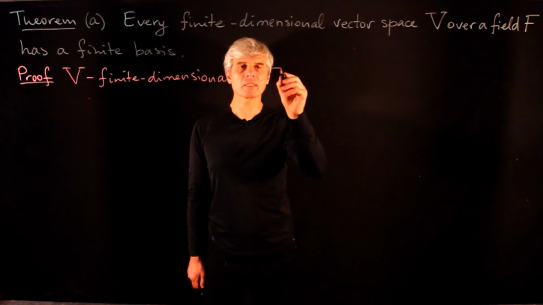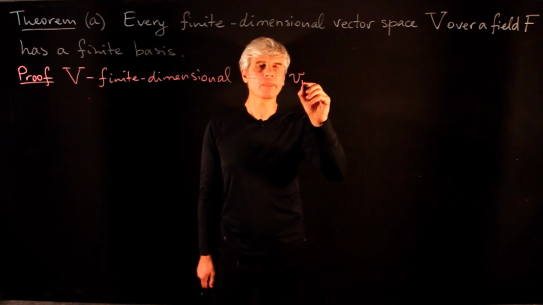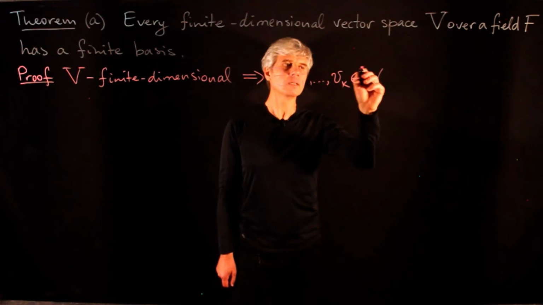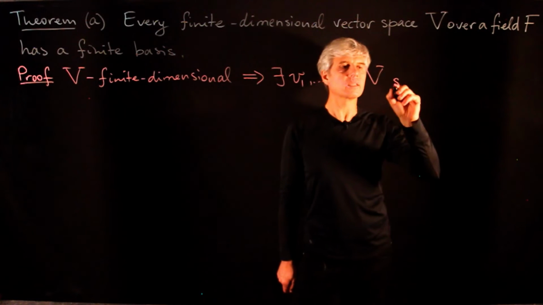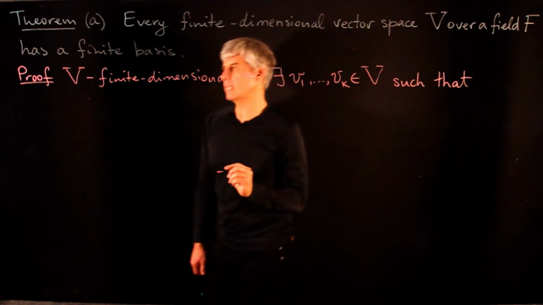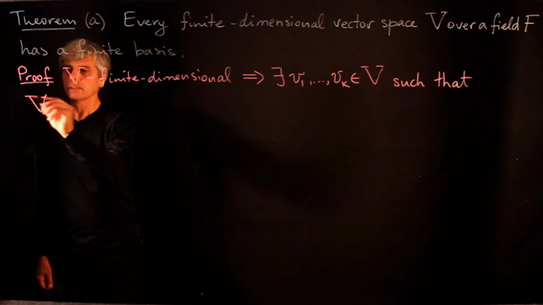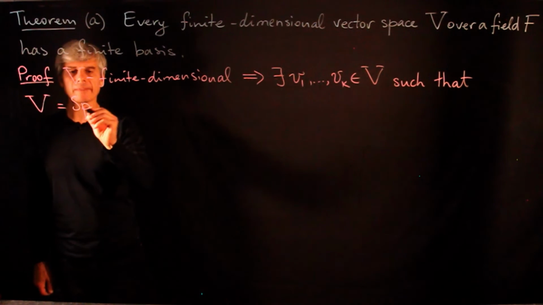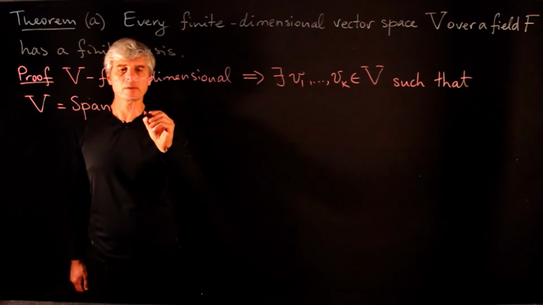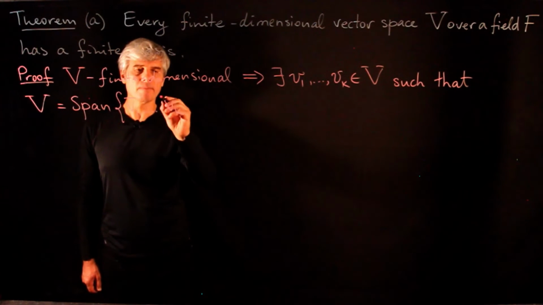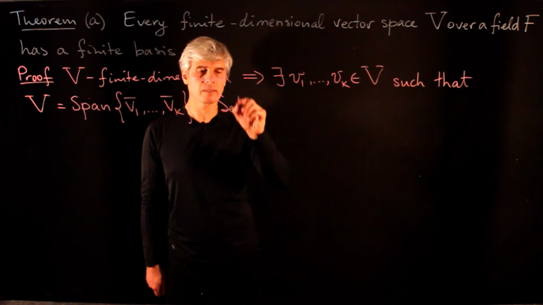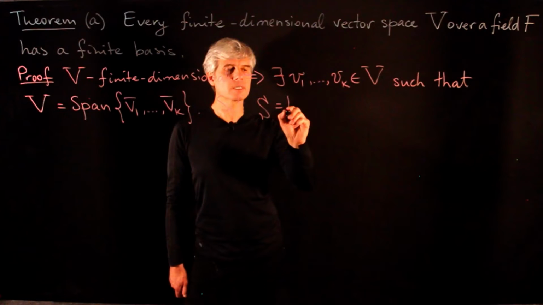So there exist some vectors v1 through vk in V such that V is equal to the span of this set v1 through vk. Right? And let us set S to be the set of vectors.